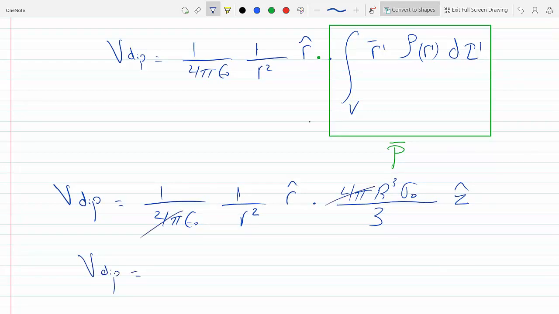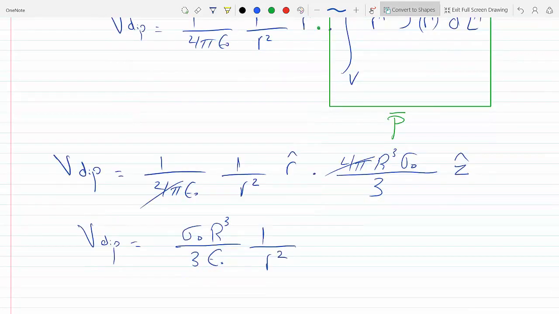So these go away. What do we get here? Sigma 0 r cubed over 3 epsilon. We have an r squared term, so as expected, the potential is inversely proportional to r squared.